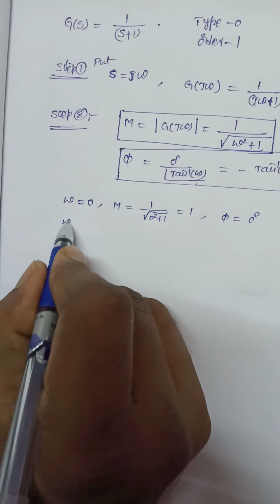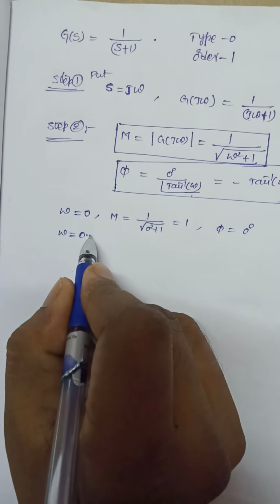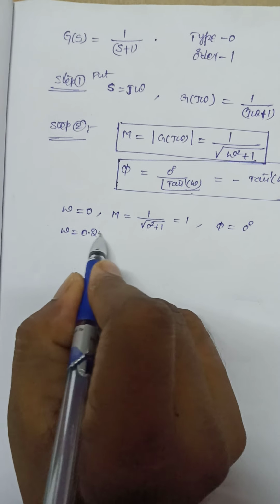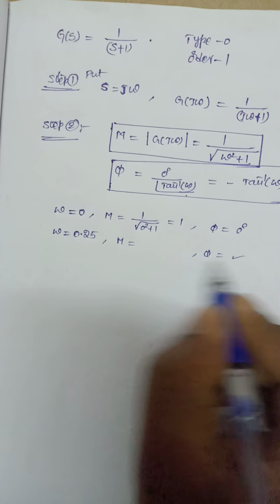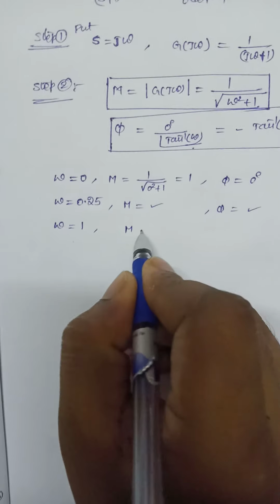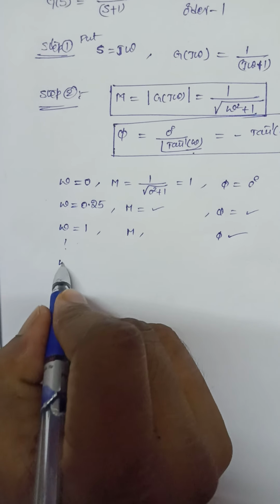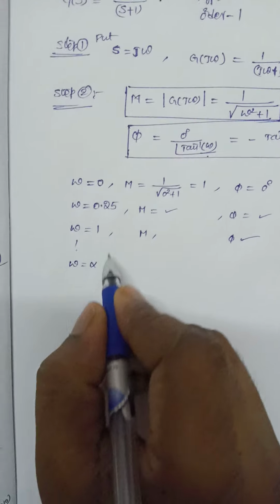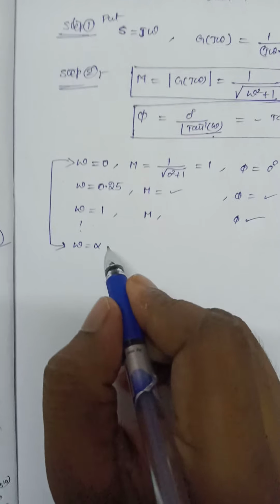Okay. Suppose omega is equal to 0.1 or 0.2 or 0.3, suppose 0.25, then what is the magnitude and what is the phase angle? You have to find this. Suppose omega is equal to 1, what is the magnitude and what is the phase angle? You have to find it. Similarly, if omega is equal to infinity, I will consider only these 2 points here so that I can draw the polar plot.